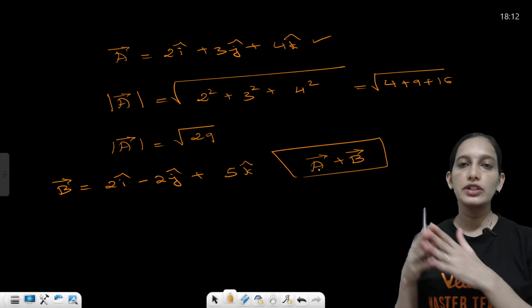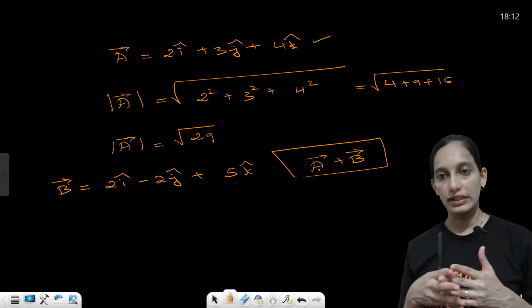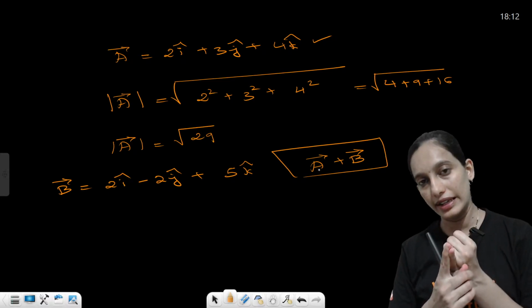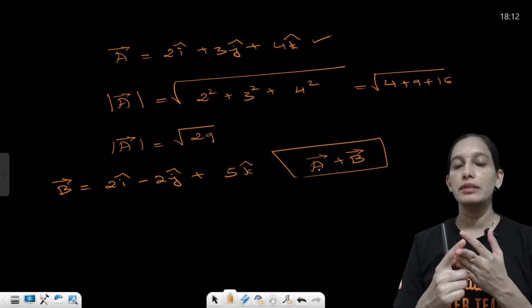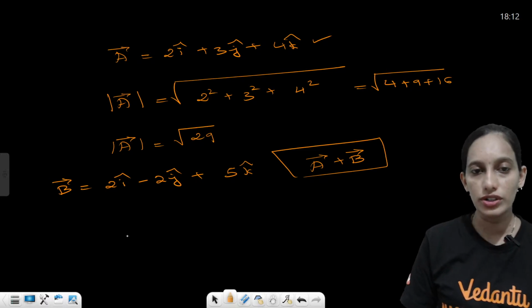The square root of a square plus b square plus 2ab cos theta, which gives the resultant of two vectors. When do we use that? When we know the magnitude of vector a, the magnitude of vector b, and also the angle between a and b. But if we are given the vectors in Cartesian notation, what can we do?